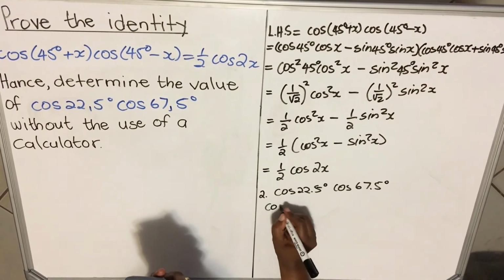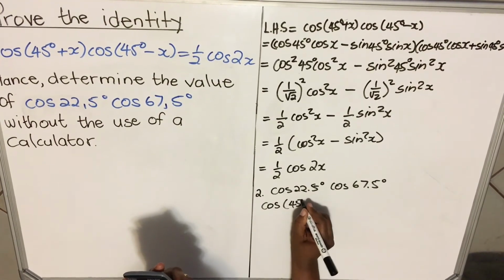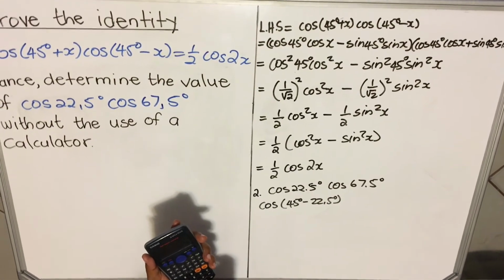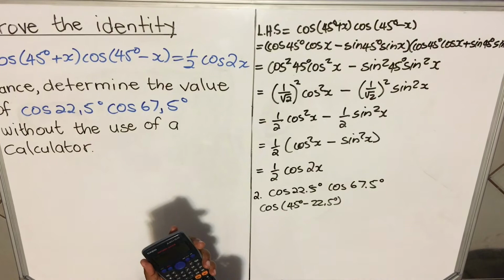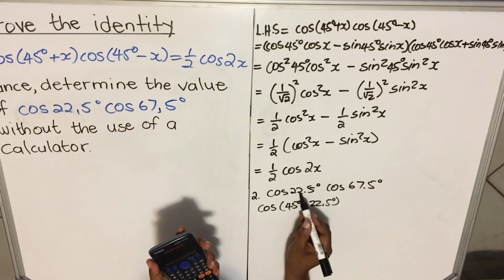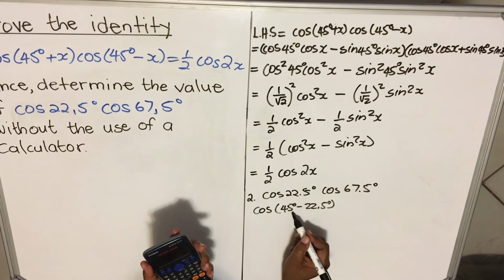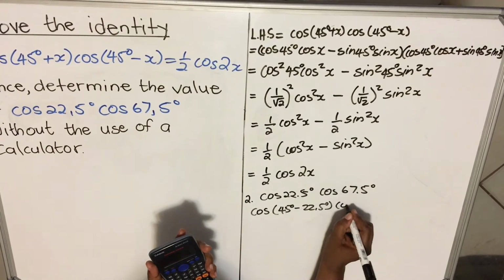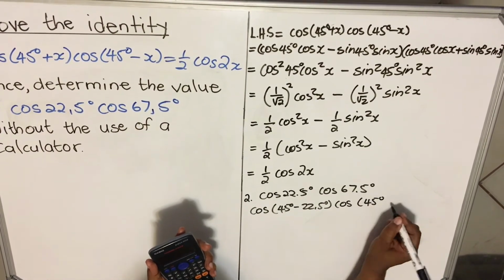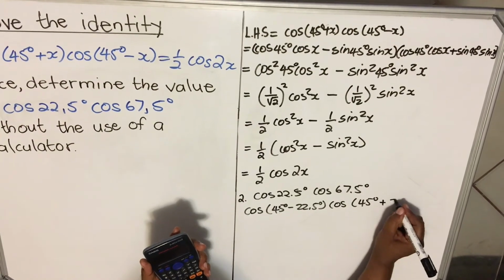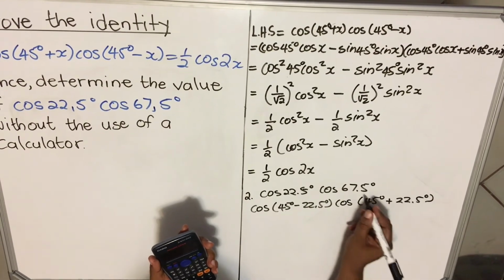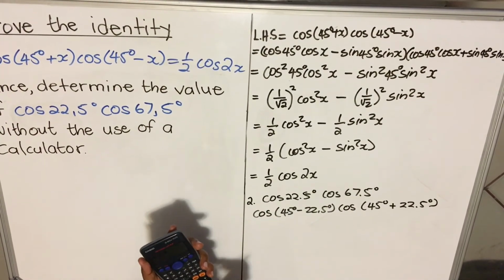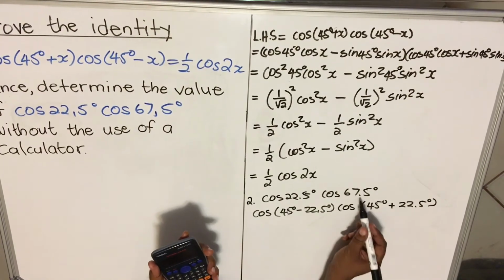So we'll have cos(45 − 22.5). When you use your calculator, you actually get 22.5 degrees. So 45 minus 22.5 is the same as 22.5 degrees. And cos(45 + 22.5): check it, 45 plus 22.5, you get the 67.5.